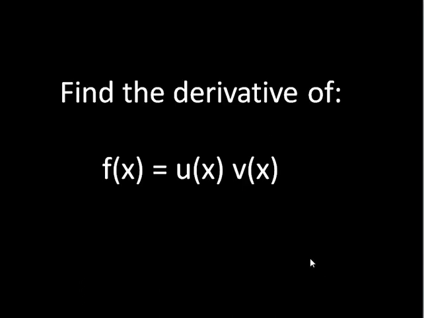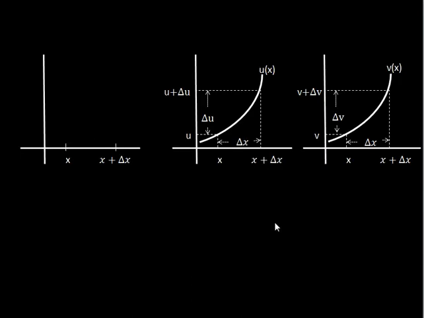So back to finding the derivative of a product. We have a function f, and it is equal to the product of a function u times a function v. Using the last notation, at the value of x, our function u of x is taking on the value u.